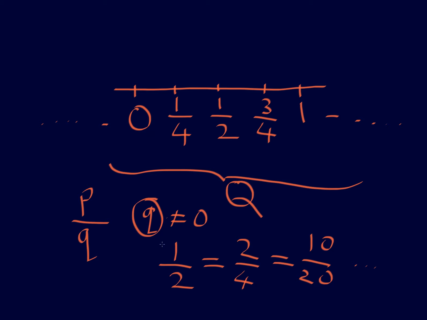But typically we consider the representation where there are no common factors. There is a common factor of 2 in the second representation, and a common factor of 10 in the third representation. So typically 1/2 is the so-called canonical representation of this particular quotient that we consider.